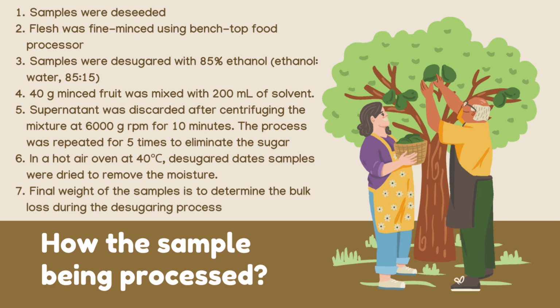The fifth step is the supernatant was discarded after centrifuging the mixture at 6000 RPM for 10 minutes. The process was repeated 5 times to eliminate the sugar. In a hot air oven at 40 degrees Celsius, the desugared date samples were dried to remove the moisture. Lastly, the final weight of the samples is taken to determine the bulk loss during the desugaring process.